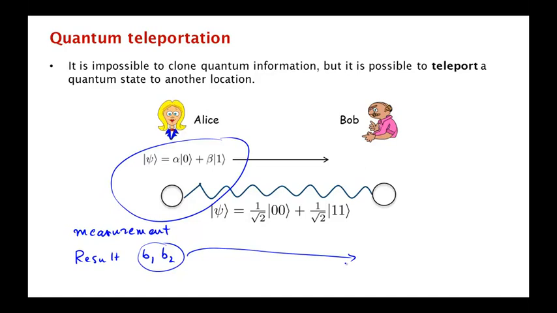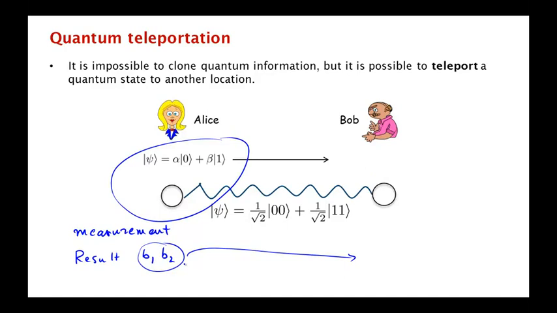Well, now what Bob does is based on what Alice told him about B1 and B2. He performs some single qubit gate, or he actually performs 2 gates on his qubit. Which gate? Well, it depends upon what B1 and B2 are.